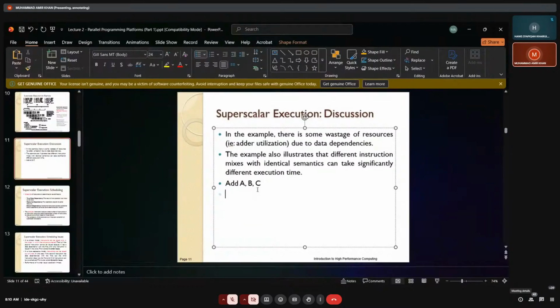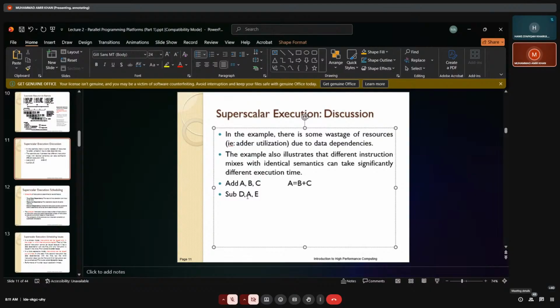A is equal to B plus C. Then the next instruction is subtract D, A, E.